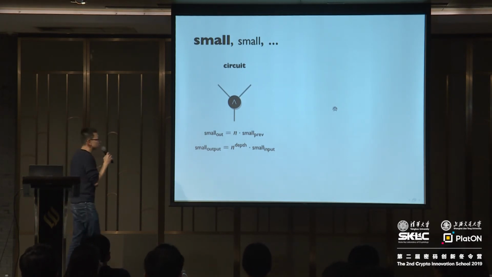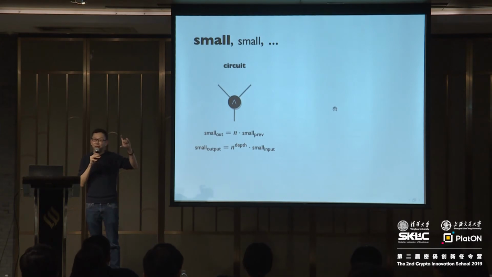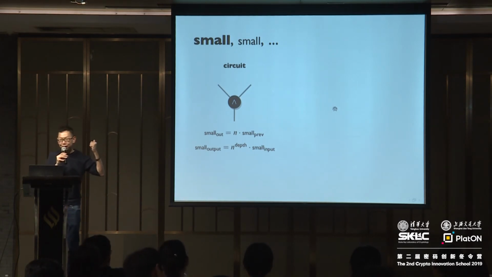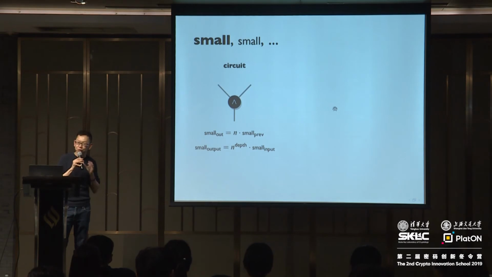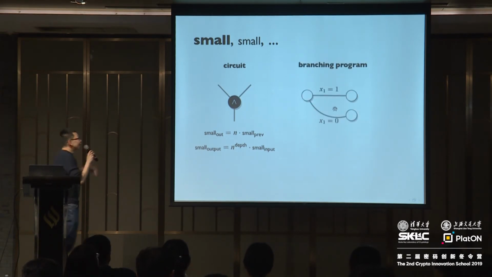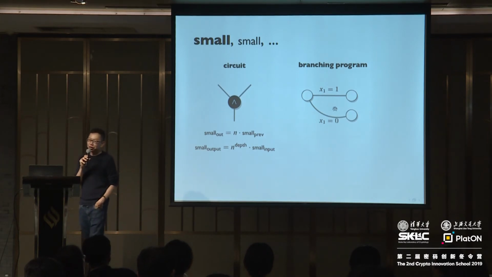For each step of the computation, your noise is going to grow by a factor of n, where n corresponds to the dimension of the matrix, or you can think of n as being the dimension of the LWE sequence. So if you have a circuit of depth d, the noise grows exponentially in d.